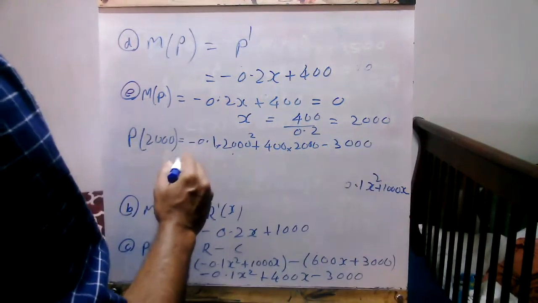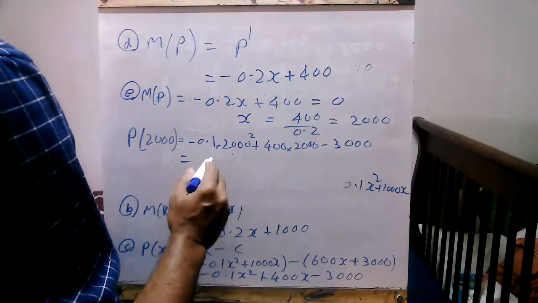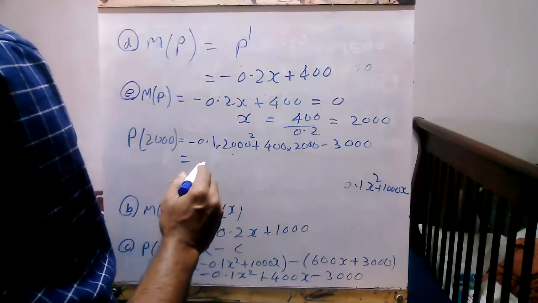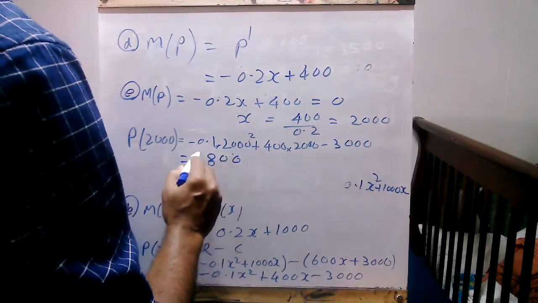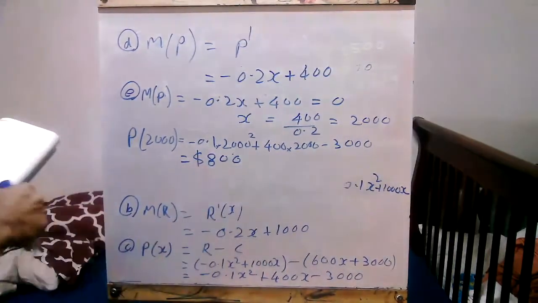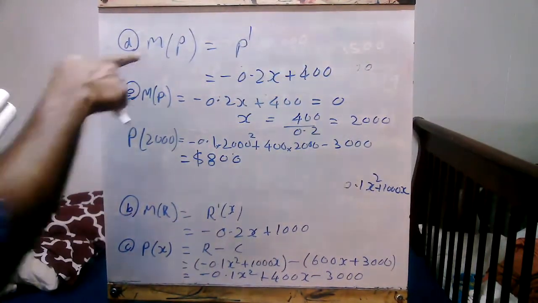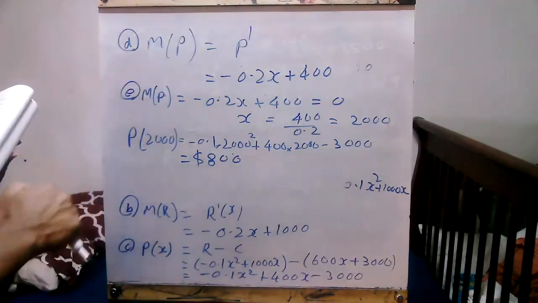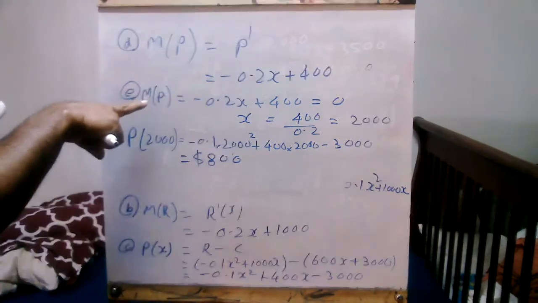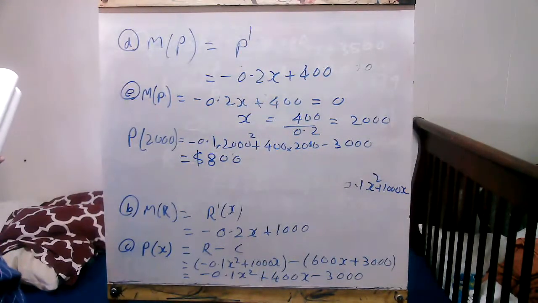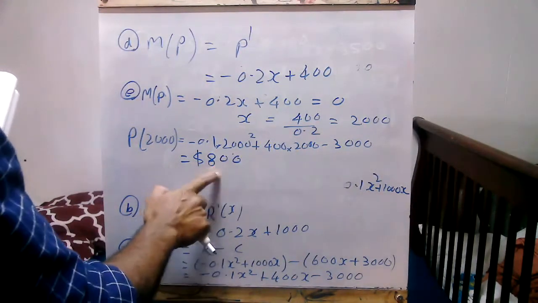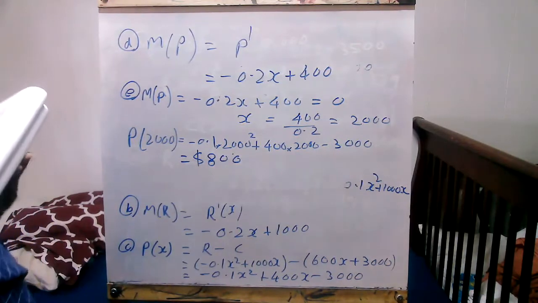So from the book I get the answer. This is equal to 800. That means when marginal profit is equal to 0, the profit is 800.